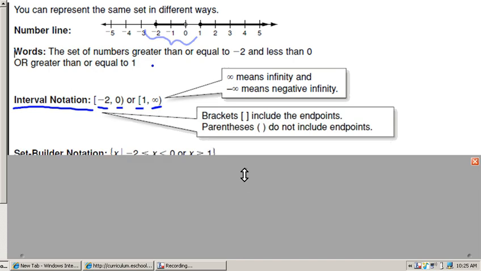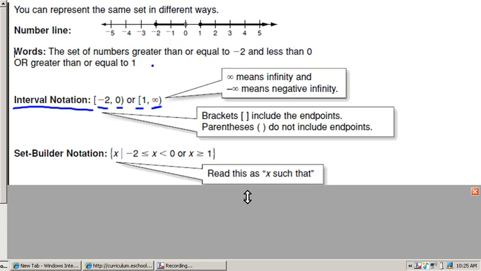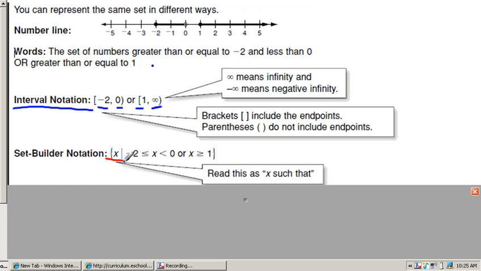Okay, so moving on to the next one, we have what's called set builder notation. Now in set builder notation, you have to name the set using a variable or a letter. In this case, they used the letter X that we have here. And then they draw a line here.